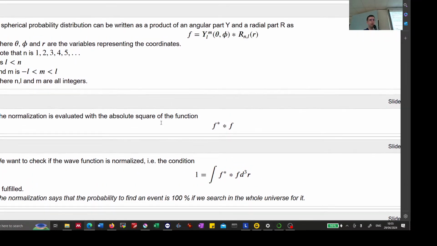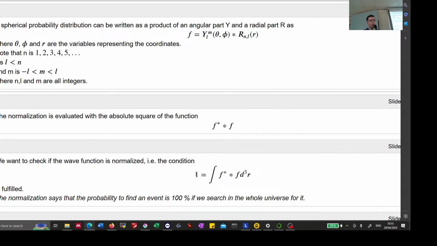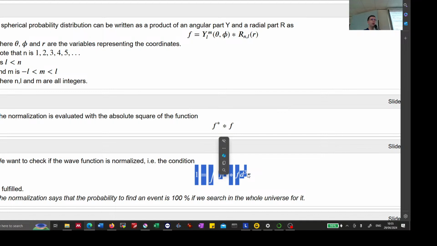Okay. And what we do next is we look up what kind of functions Y and R are. Are they normalized? We need to integrate, so we dump it into Python. Okay? That's what we do. So the only task we have to do is understand what's asked for, check normalization, find the ingredients, translate them to Python, and push a button.